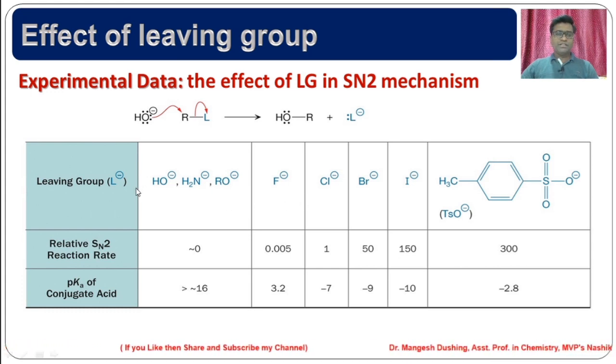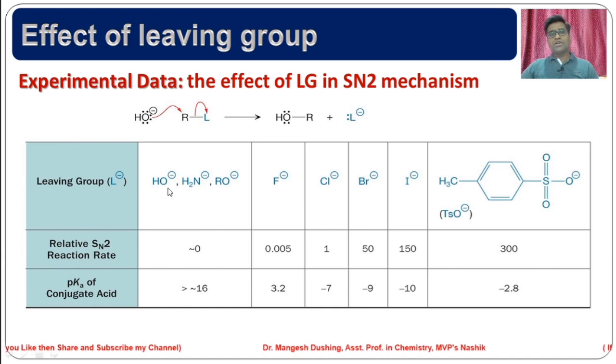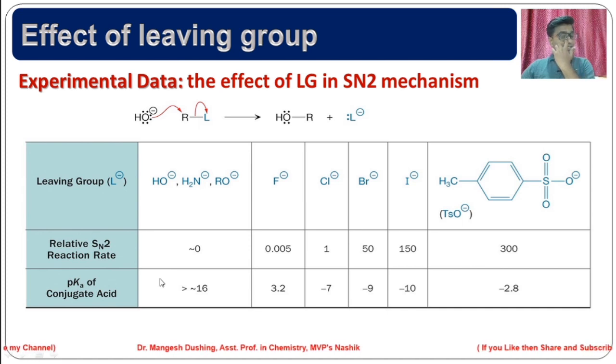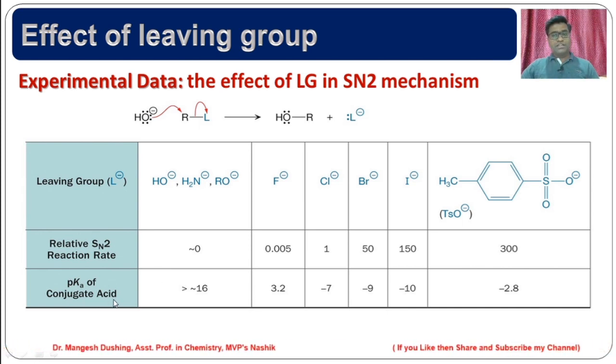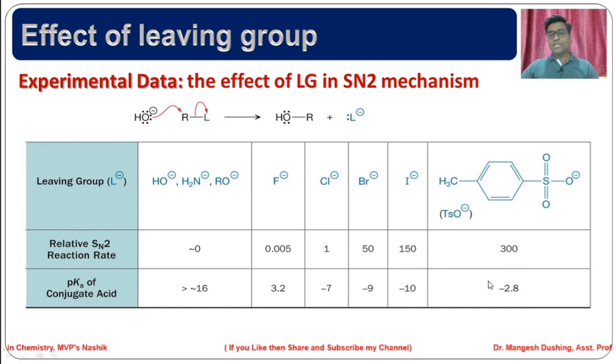These leaving groups are the conjugate bases. If you see the conjugate acids of these leaving groups, and the conjugate acid is a strong acid, that is a good leaving group.